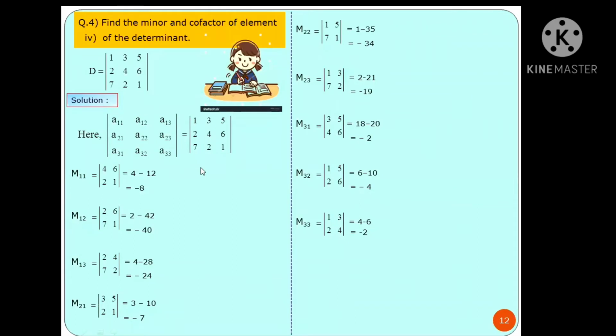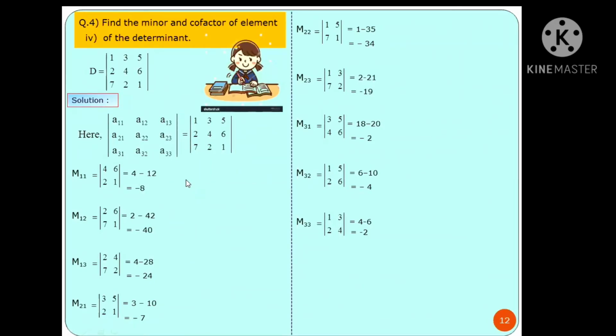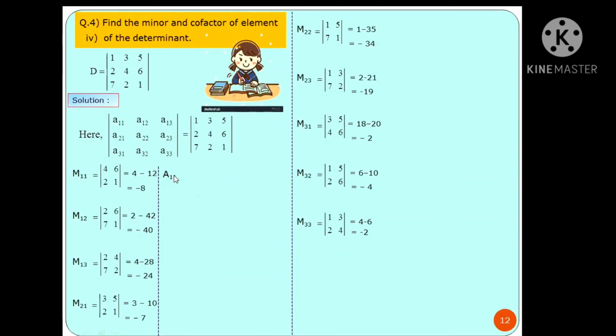To find out cofactors of these elements, cofactors are denoted by a capital letter. Either you can write A11 like this, otherwise capital C11, by your choice. I am writing the elements here in terms of capital letters.